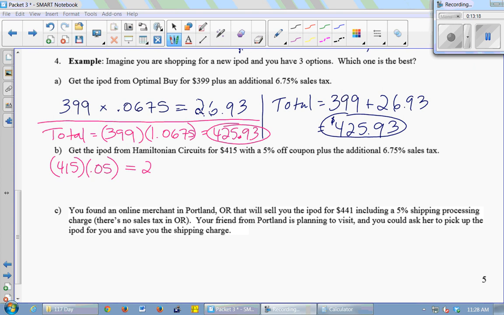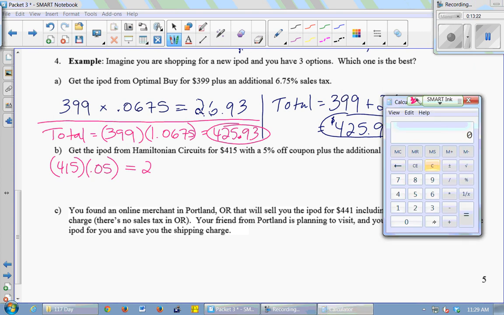Okay, I'm getting 2 different answers, so I'm going to do it myself. 0.05 times 415, 20.75. Okay. All right, so that's the amount of the discount. How much is the price now? So you got that by just subtracting, right?